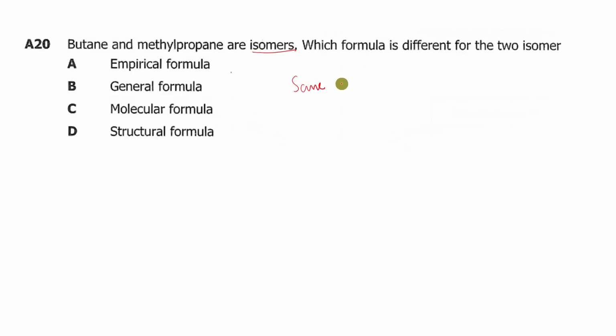Same molecular formula. Which one is different? They have different what? Different structural. So when they say which formula is different for the two, it is actually the structural formula.